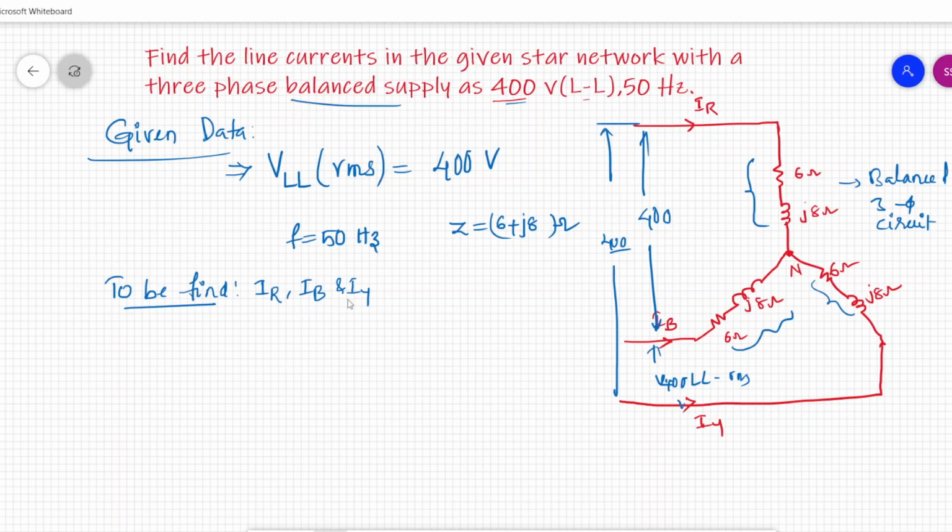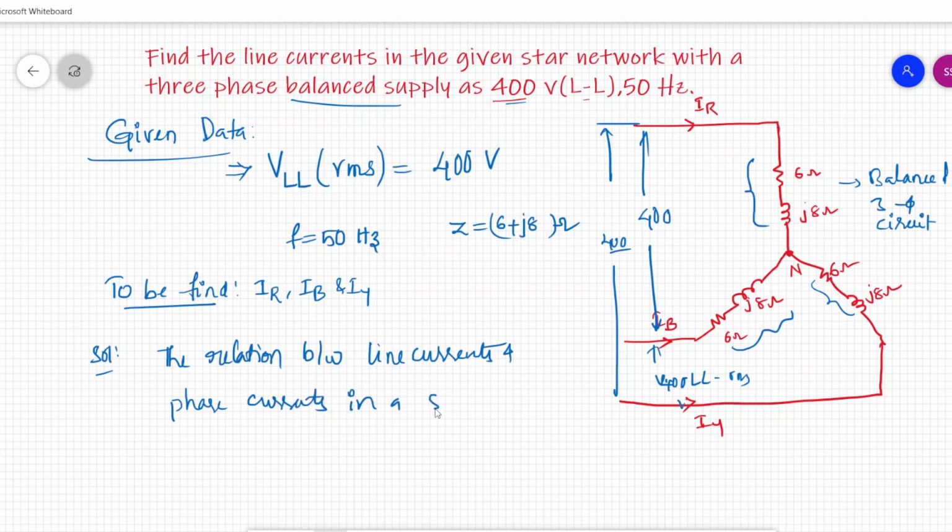Now we need to find IR, IB, IY. What is the relation between line currents and phase currents for a star connected network? The relation between line currents and phase currents in a three-phase star network is that line current is equal to phase current.